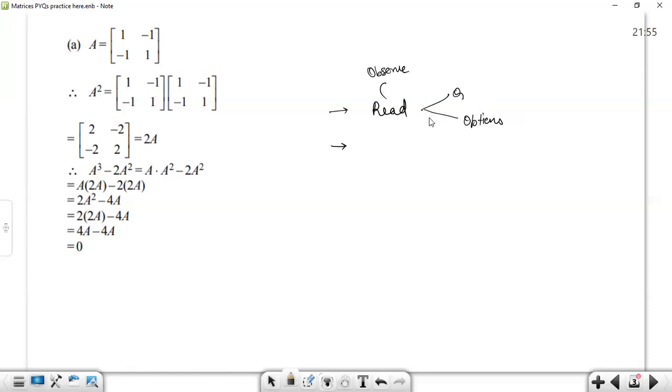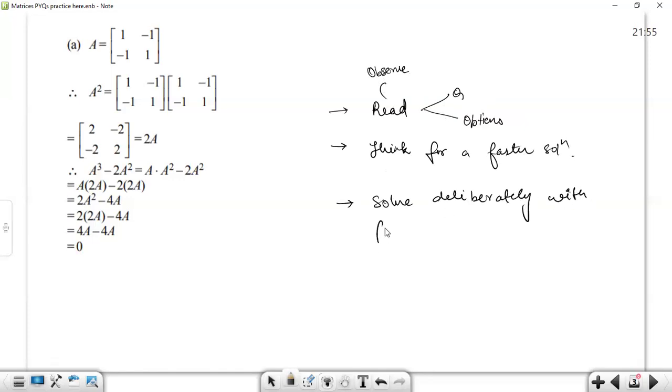After reading, now think for a faster solution. Now pick one method which you can use for solving fast, then solve deliberately without any hurry with the faster method.